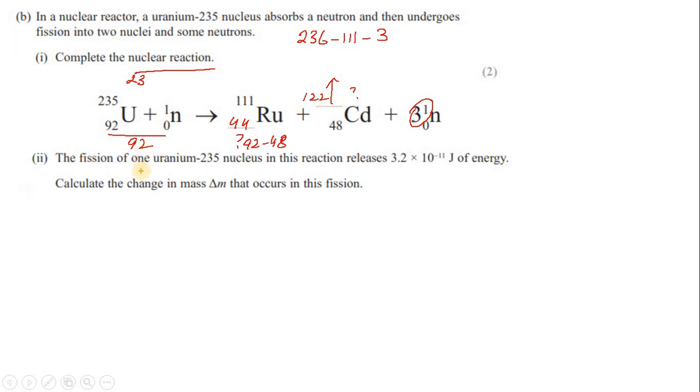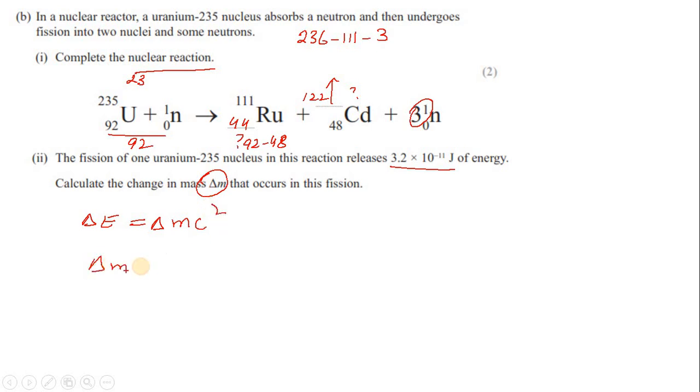The fission of one uranium-235 nucleus in this reaction releases 3.2 × 10^-11 joule of energy. Calculate the change in mass, delta M, that occurs in this fission. Quite a simple and straightforward question. Energy is given, we need to find mass. So the mass-energy relation according to Einstein: delta E is equal to delta M C squared.